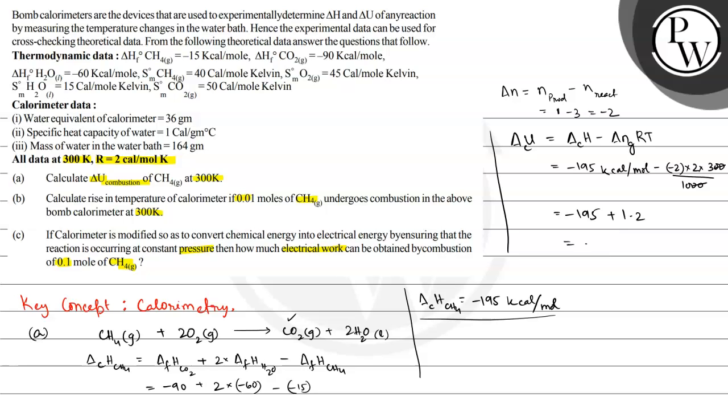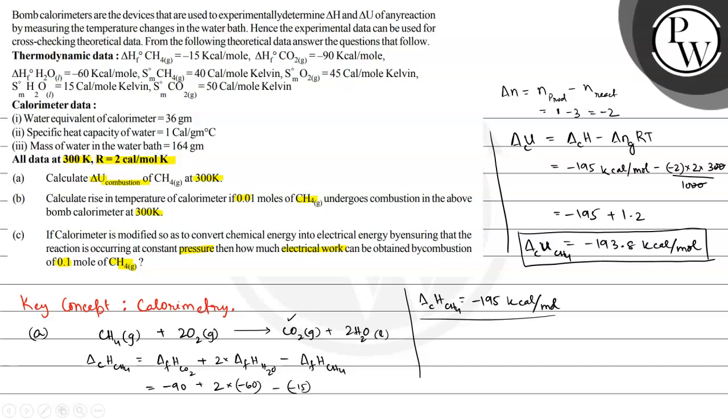So this is equal to minus 193.8 kilocalorie per mole. So this is the internal energy change for combustion of CH4. Alright, this is the answer.